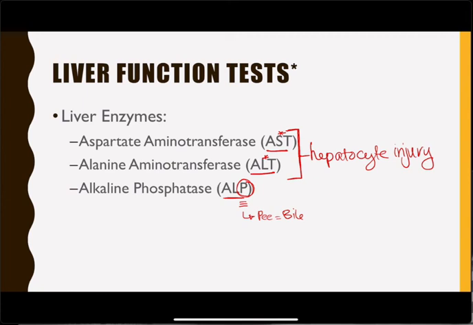When the biliary tree is obstructed, cells within the bile duct release ALP. So all three of these are liver enzymes, but the first two are specific for hepatocytes, and the last one gives you information on the liver's ability to excrete bile.